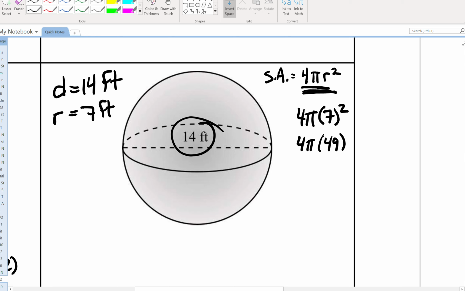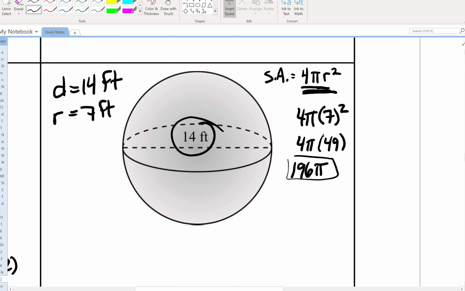And then 4 times 49 would be 196. So 196 times pi, and that's the exact answer.